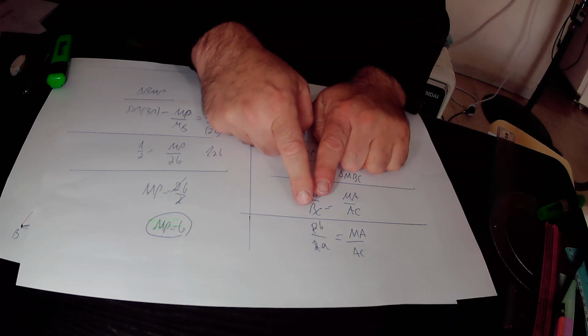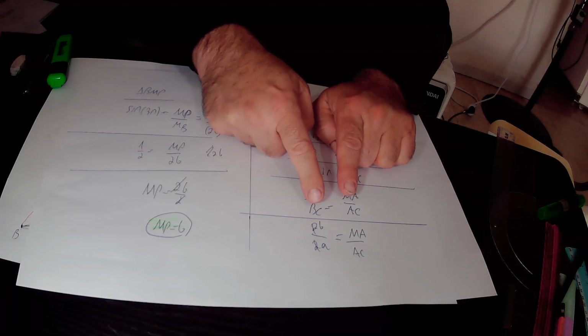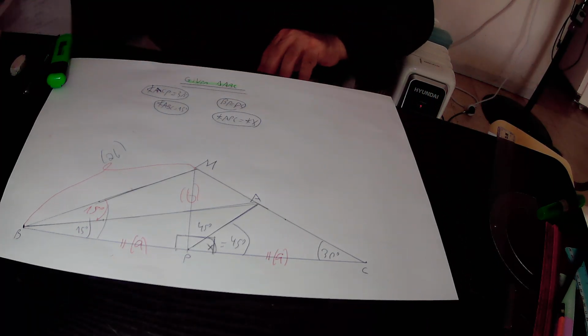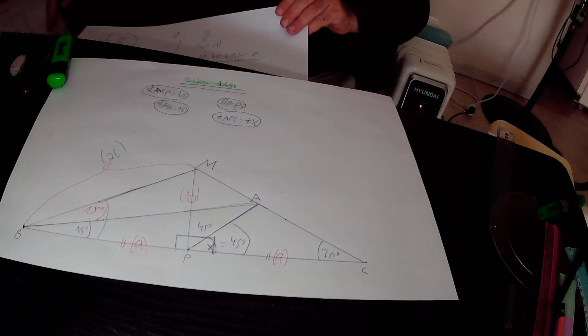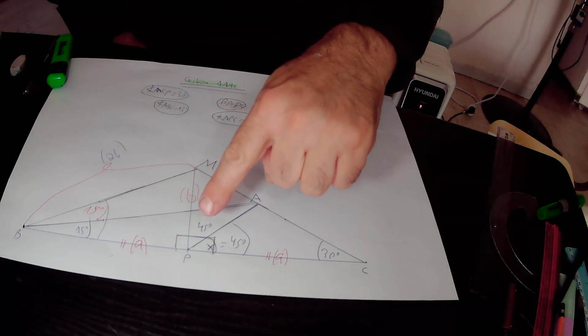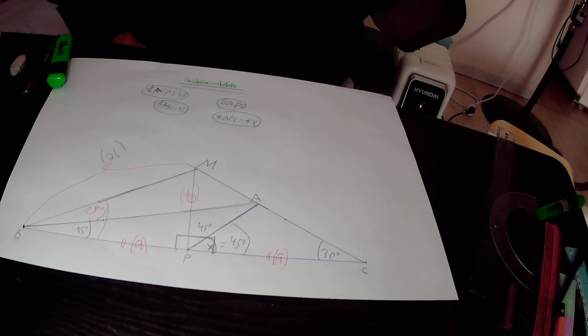We have 2 in the numerator, 2 in the denominator, so 2 we can cancel. That's why we found out that B over A equals to MA over AC.